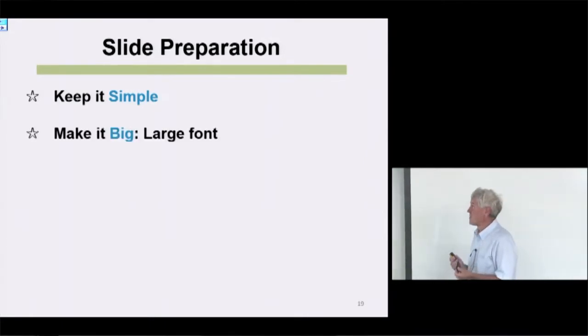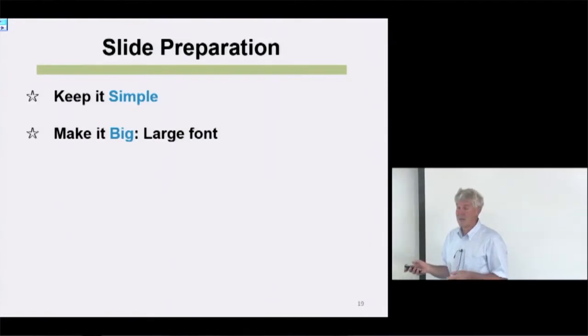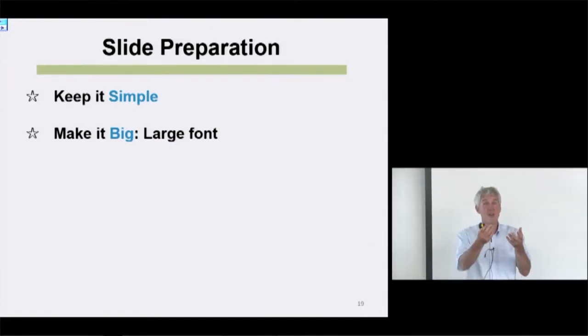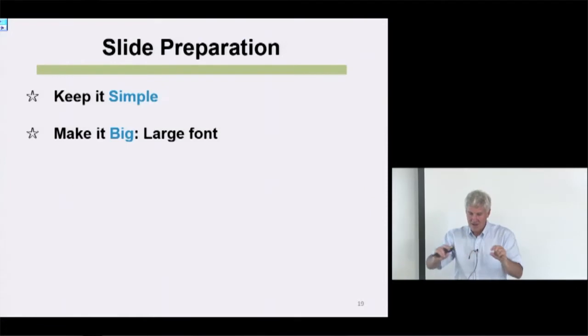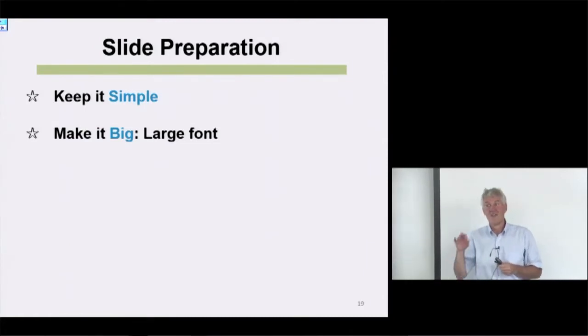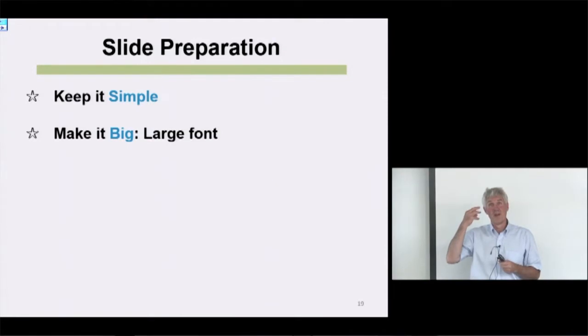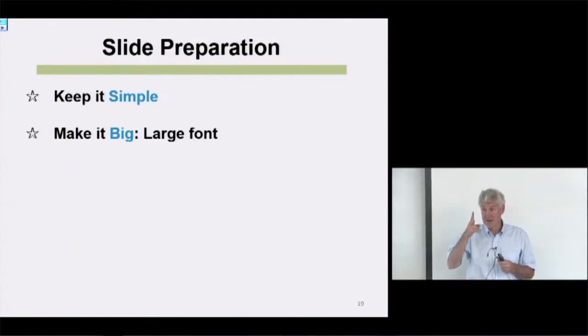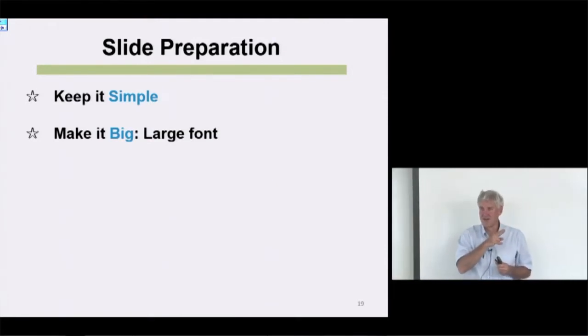And in order to keep it simple, make it big so the audience can read it from the back. If you have to have 12 font or 10 font in order to fit all your information on the slide, then you have not been strict enough in cutting out what is not necessary.